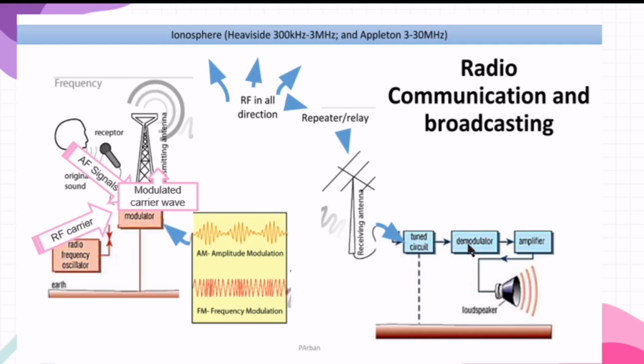Okay, so again, si demodulator, paghihiwalayin si AF at si RF carrier, then i-convert naman siya into sound. Dito kay modulator, pagsasamahin niya si AF at si RF carrier na magiging modulated carrier wave. Then this one, kay microphone, i-convert niya yung sound wave into electrical energy or AF signal.